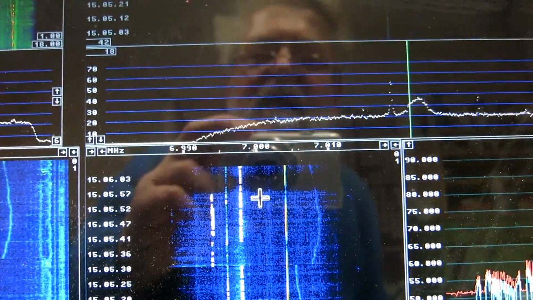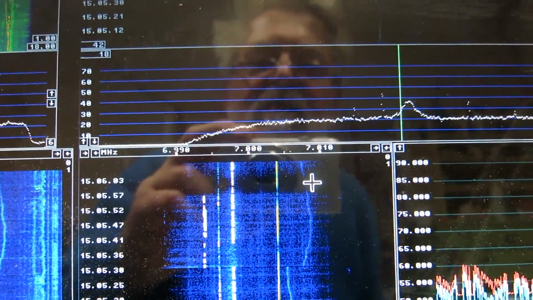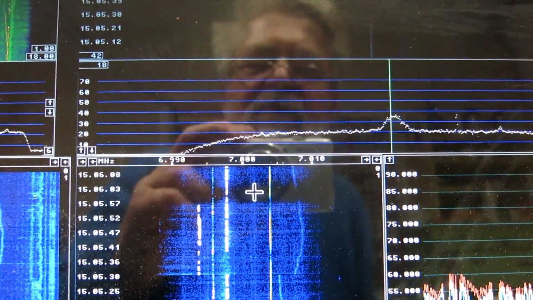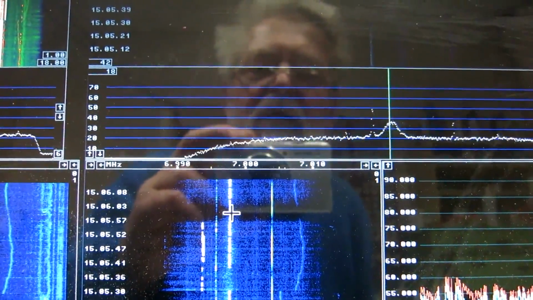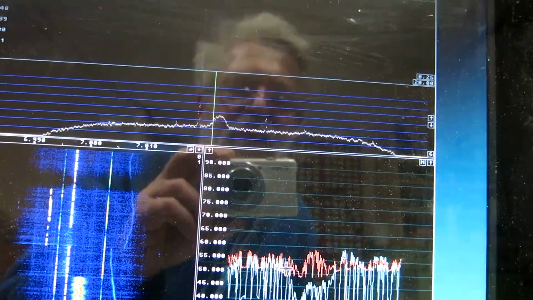And you can see here was an interesting event when there was QSB and the noise floor went down at the same time. It's here.